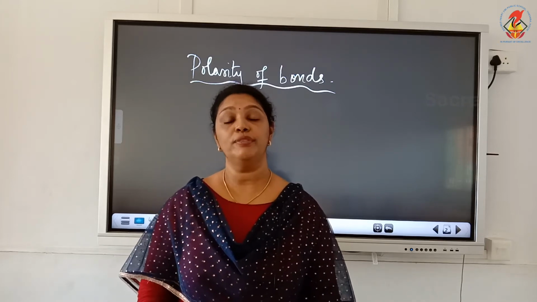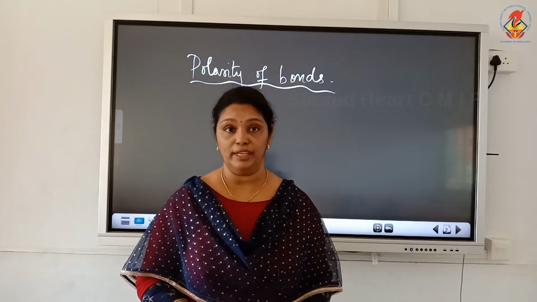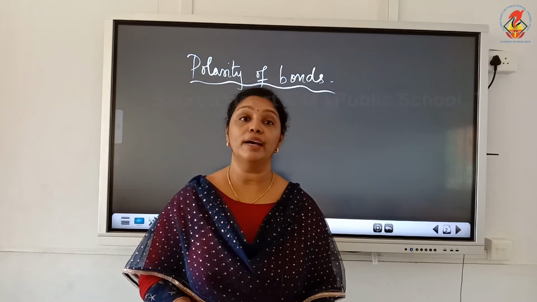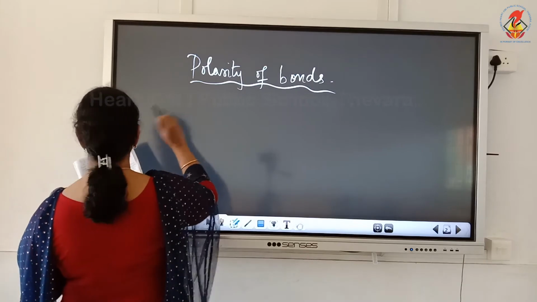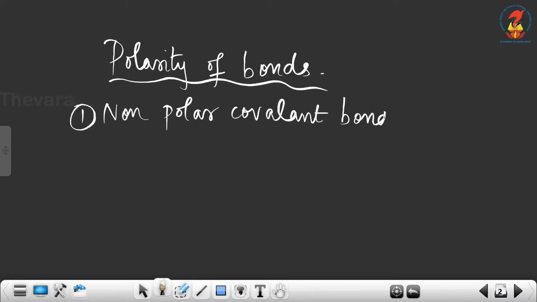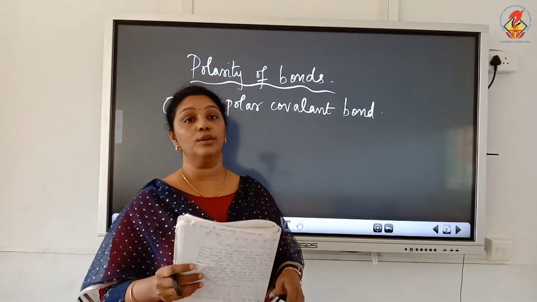Before we see that, we have to see a classification of covalent bonds. One classification is the non-polar covalent bond. Now, what do you mean by a non-polar covalent bond?